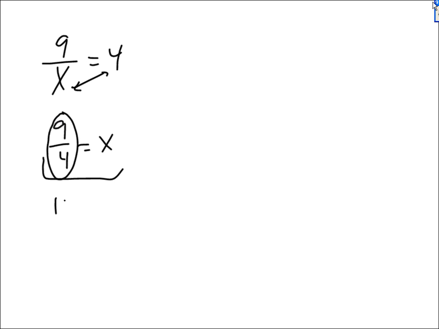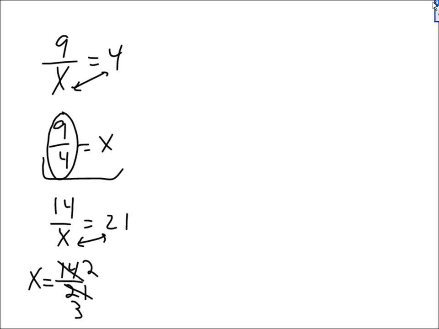If you were given 14 over x is 21, you could interchange them. 14 over 21 is x. You need to realize that both of those numbers, 14 and 21, lie on the 7 times table. That is, 7 goes in here 2 times, 7 goes in there 3 times. That is, x is 2/3.